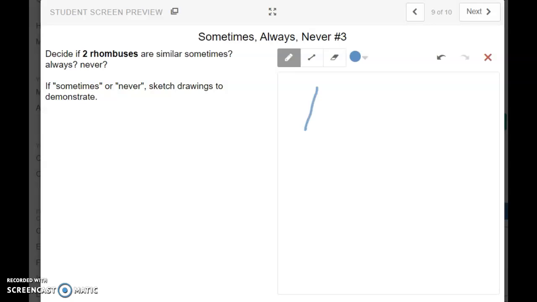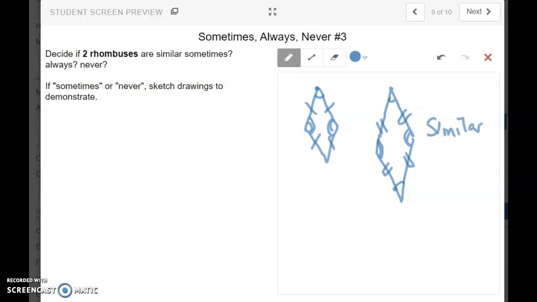So if I draw a rhombus like this, and if I draw a rhombus like this, they have different side lengths. But if the corresponding angles are exactly the same, then they are similar.